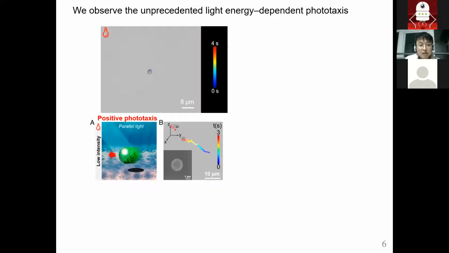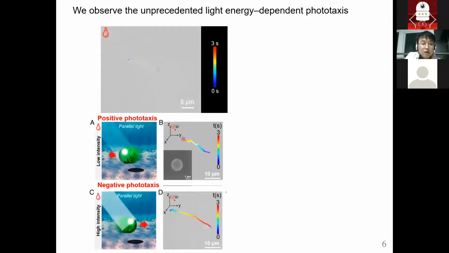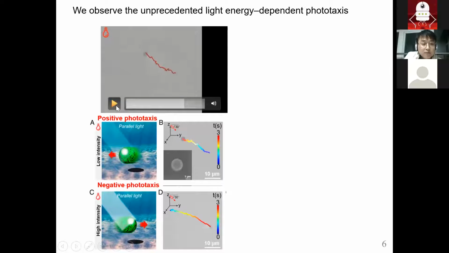Under weak light irradiation, this micromotor exhibits positive phototaxis and moves toward the light. When exposed to strong light, the micromotor exhibits negative phototaxis, namely it moves away from the light source. There is a threshold of light intensity.